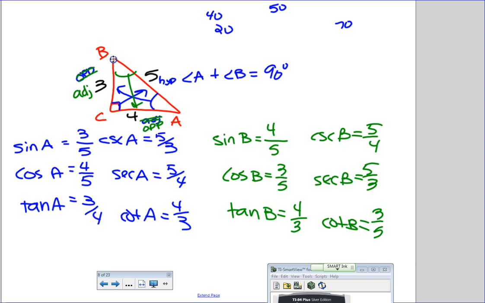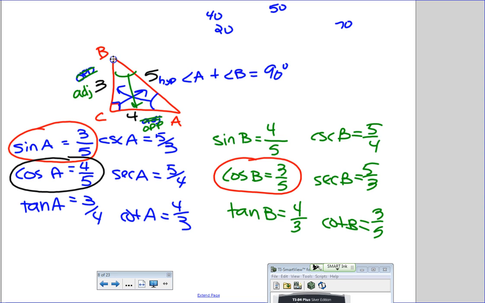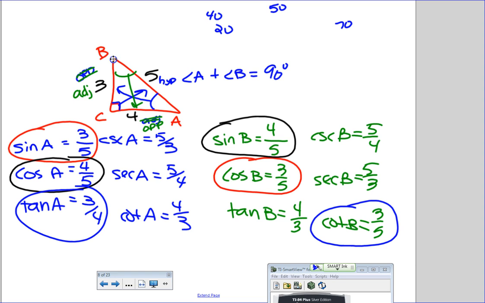Now, if I compare the values, sine of A right here is actually equal to the cosine of the other angle, B. I have cosine of A is actually equal to the sine of B. I also have the tangent of A is equal to the cotangent of B. Oops, I wrote my number wrong there. I apologize.